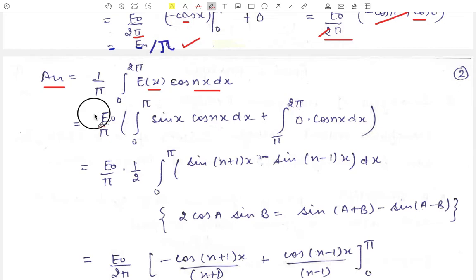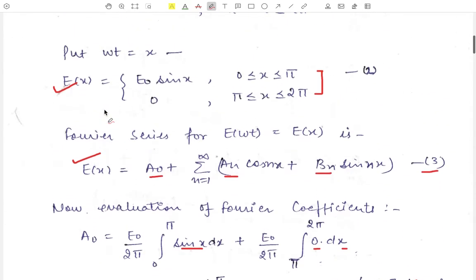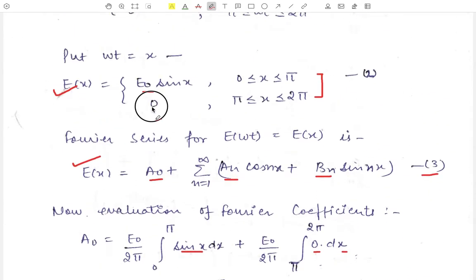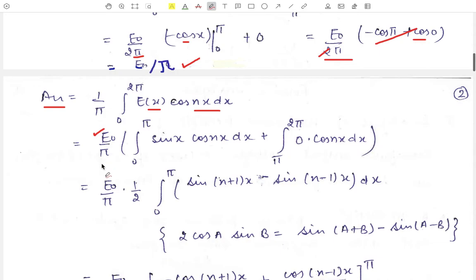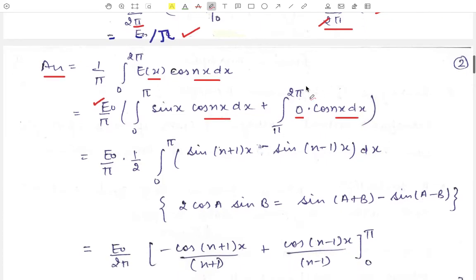E naught can be taken outside. ठीक है, यहाँ पे E naught है, here it is 0. E naught into 0 हम लोग मान सकते हैं. E naught taken outside and we get E naught upon pi 0 to pi sin x cos nx dx plus pi to 2 pi. The value of wave function is 0 into this cos nx dx. ठीक है, the value of this integral is again 0.